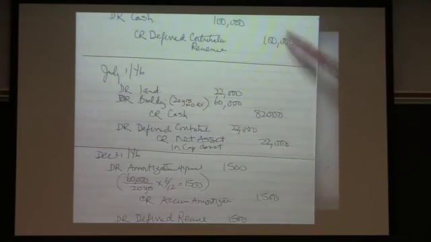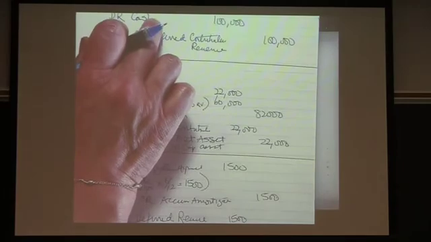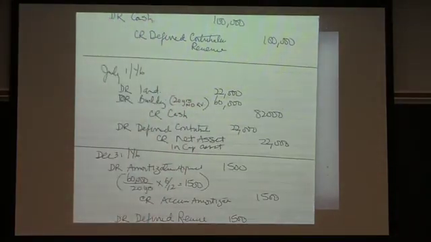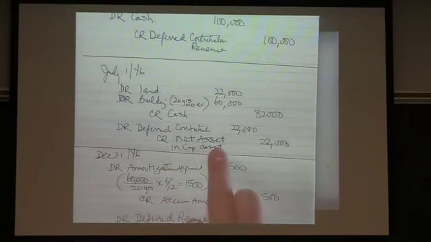But because this contribution is an endowment fund, right? This is an endowment contribution, which means that it can only be used for a specific purpose. That's why the $22,000 is credited against the net asset.